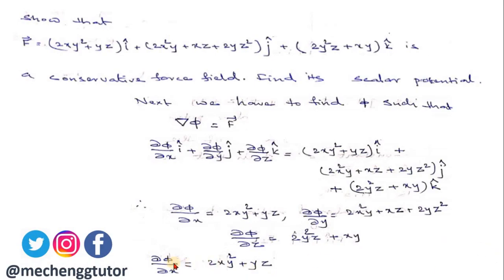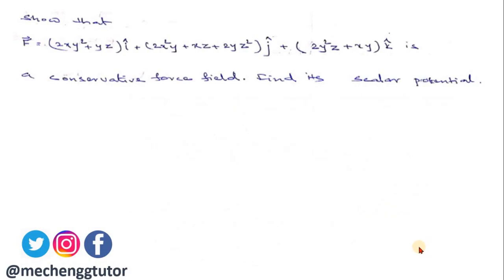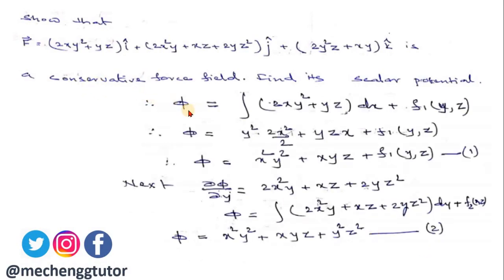So consider the first one, dou phi upon dou x is equal to 2xy² + yz. To find phi here, we have to integrate it with respect to x, keeping y and z constants. Therefore, integrating with respect to x, we get phi is equal to integral of (2xy² + yz) dx. I have to add a constant of integration.